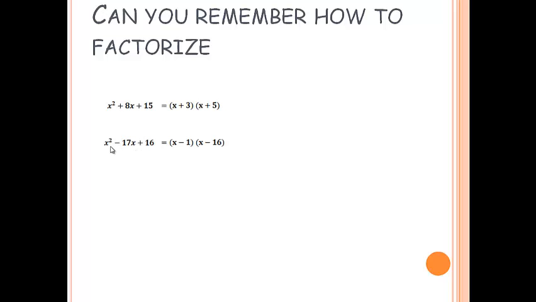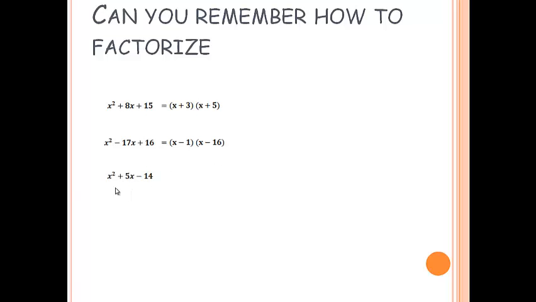So we factorize x power 2 as x and x. The last term is positive, so the 2 signs are alike, and each of them is the sign of the middle. The middle is negative, so negative, negative. What about 16? 1 and 16.